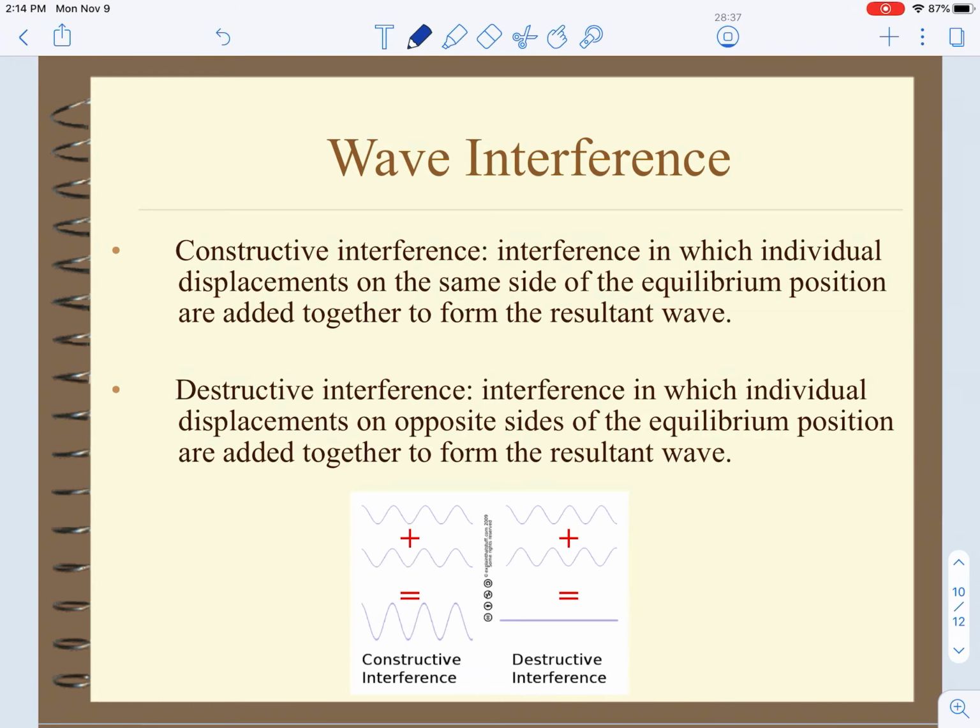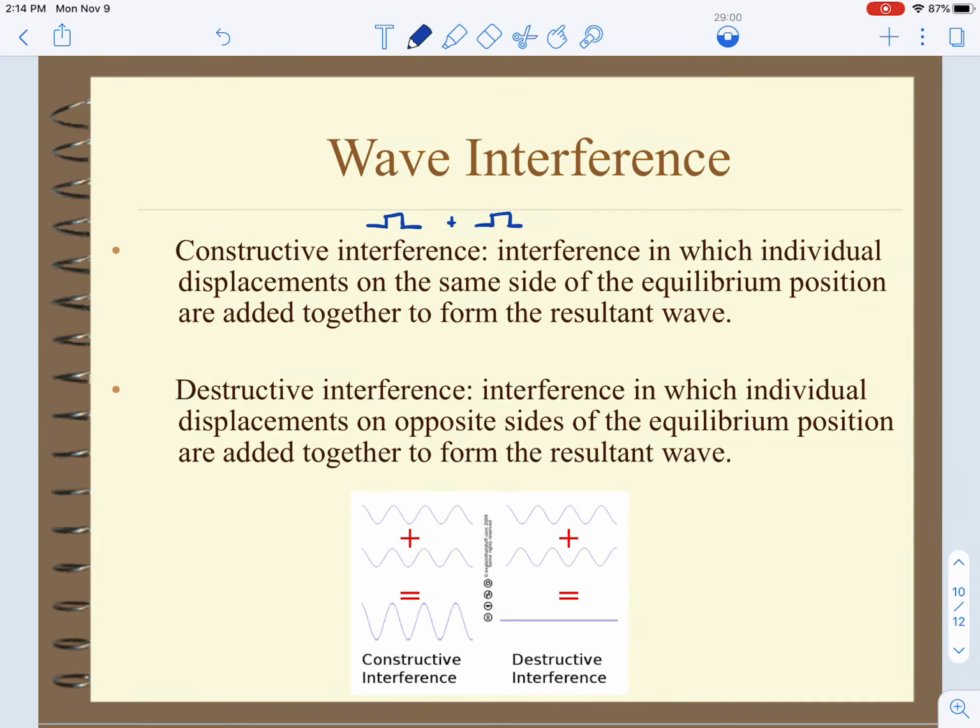Wave interference is where we have more than one wave that come together and they basically pile on top of each other, for lack of a more scientific explanation. So constructive interference is where we have two waves that are on the same side of equilibrium. If we think of the root word, constructive, construct means to build.